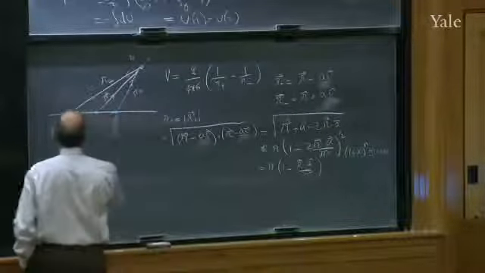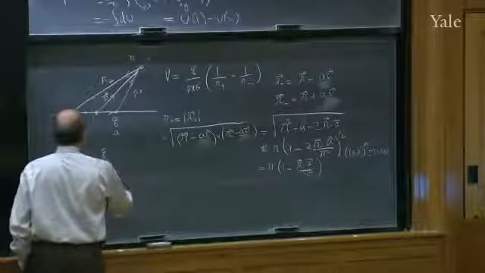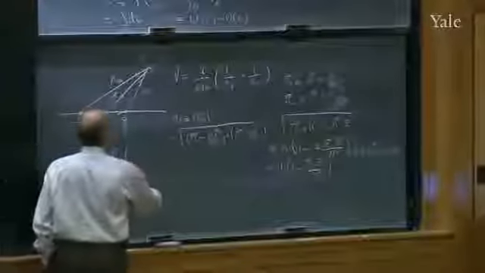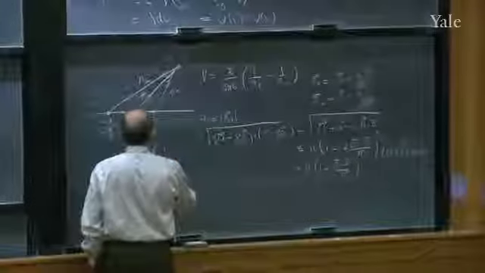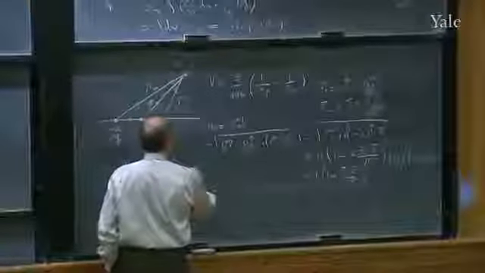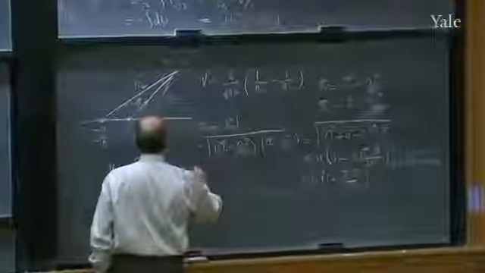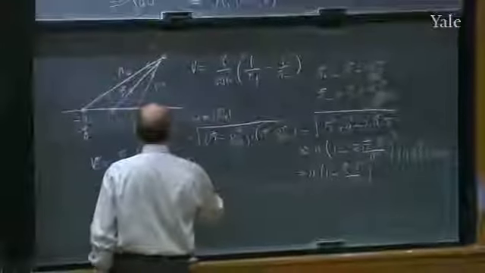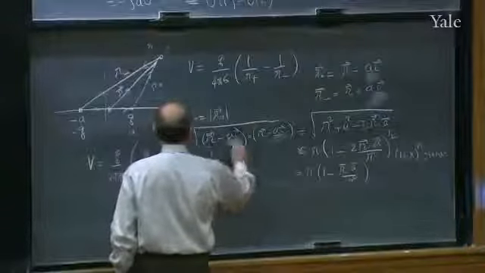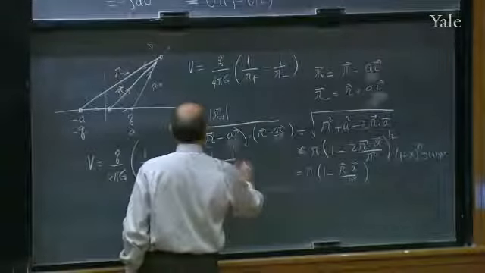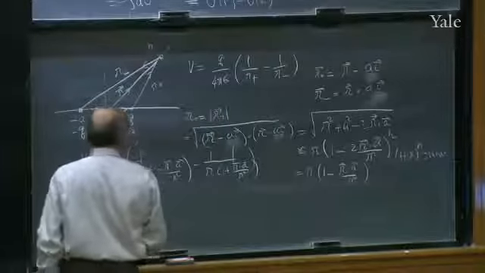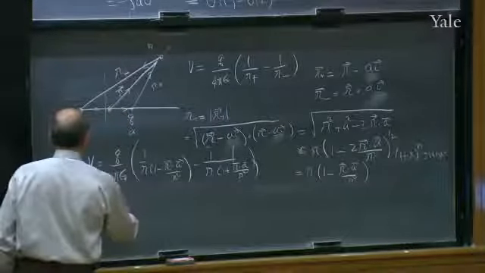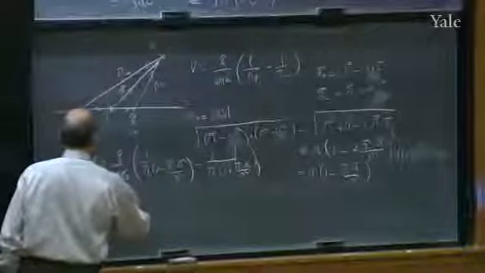So now we can see V equal to Q over 4 pi epsilon 0 times 1 over R times 1 minus R dot A over R squared minus 1 over R times 1 over 1 plus R dot A over R squared. This is going to be found in every textbook on the planet, so don't worry about it.